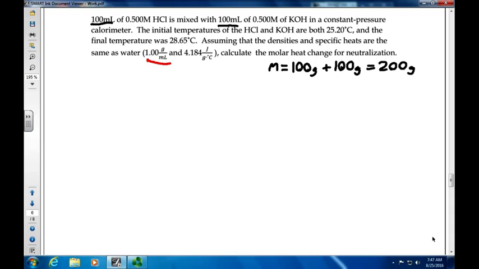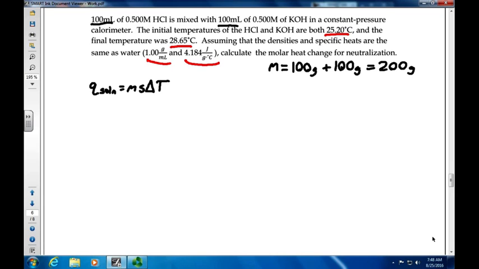Then we're going to want to look at our heat of solution. And that's going to equal our mass times our specific heat times the change in temperature. Well, our mass is given as 200 grams. Our specific heat was given to us as the same as water. And our change in temperature is simply going to be this 28.65 minus 25.20.